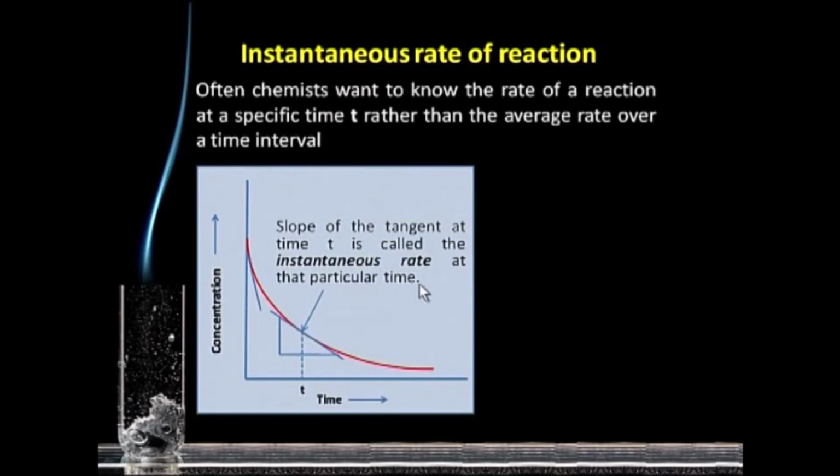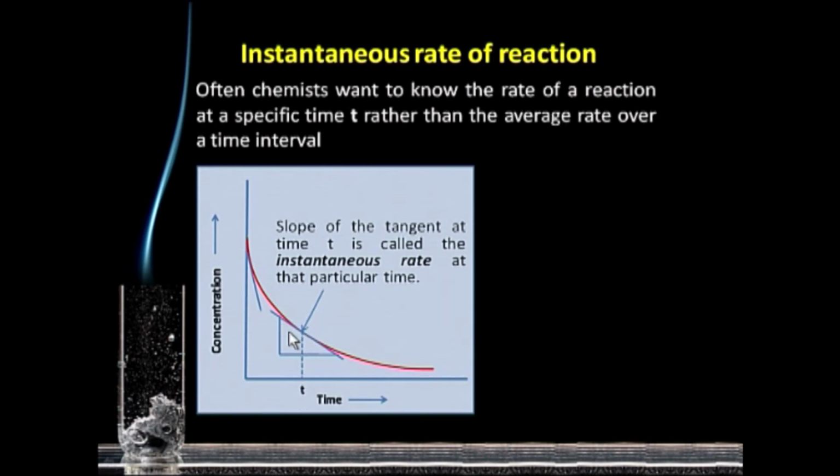Sometimes we become interested in finding out the rate of reaction at a particular instant, say at 10 minutes or 20 minutes. In such a case, we can look at the concentration profile that we have, find out at what time we want to get the rate.